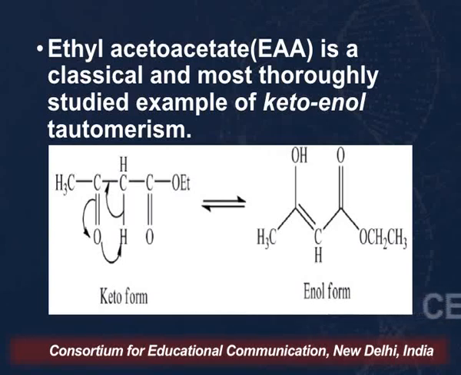As you can see on your screens, a molecule of ethyl acetoacetate exists in a dynamic mixture in solution of keto form and the enol form. The left-hand structure is the keto form, in which the methylene group is sandwiched between two electron withdrawing groups, which are the acetyl group and the ester group.